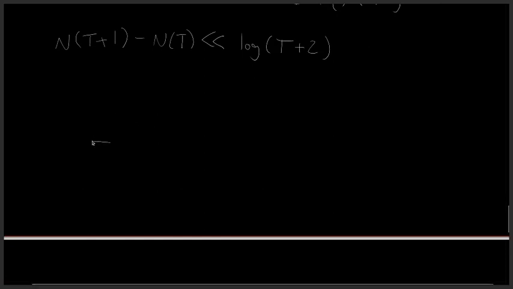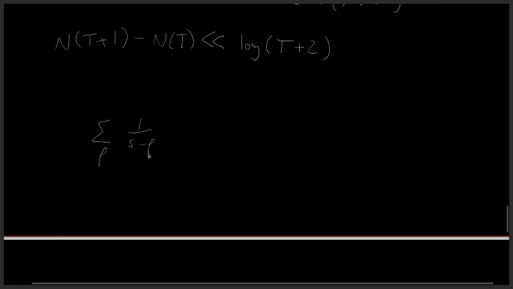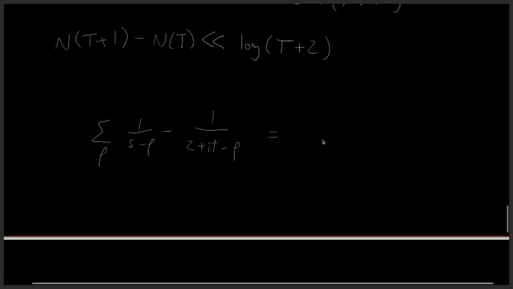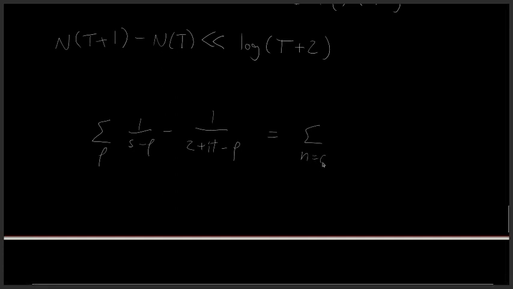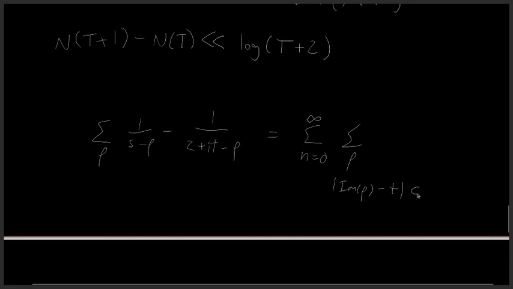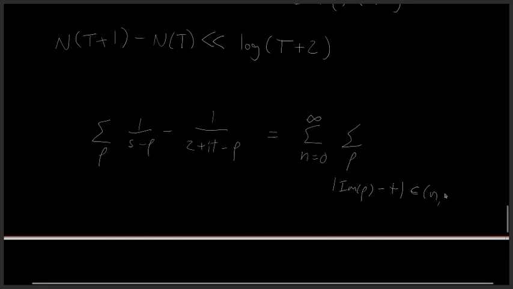So the sum over the zeros of 1 over s minus rho minus 1 over 2 plus it minus rho, we can break up into a bunch of sums: the sum for n from 0 to infinity of the sum over rho such that the imaginary part of rho minus our t, where this t is the imaginary part of s, is in the interval between n and n plus 1, maybe closed here.